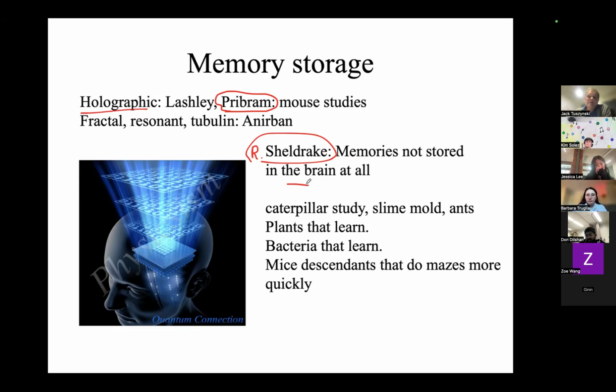That's why he called it, what's it called? I forget the name. Sorry, maybe I'll come back. Anyway, there's a memory field outside of the human body.